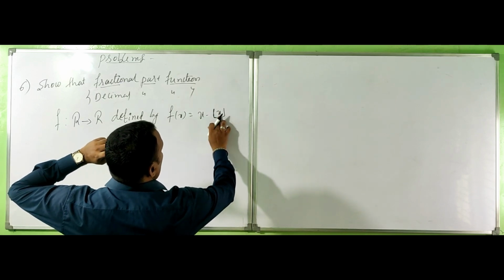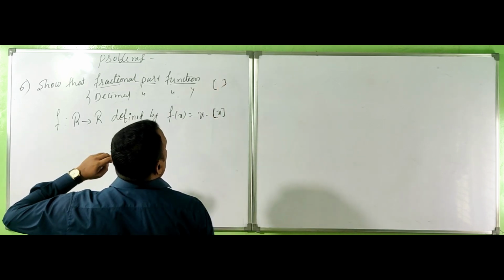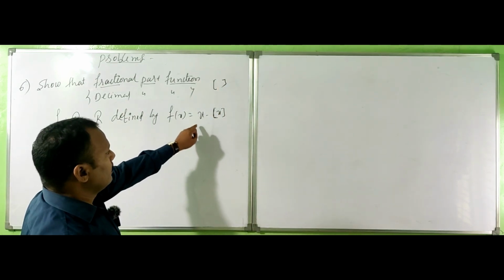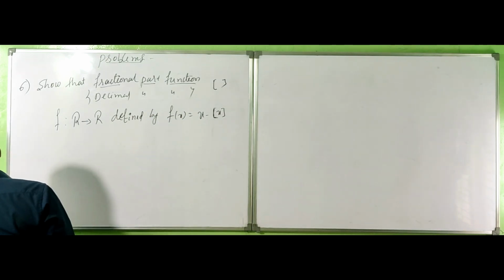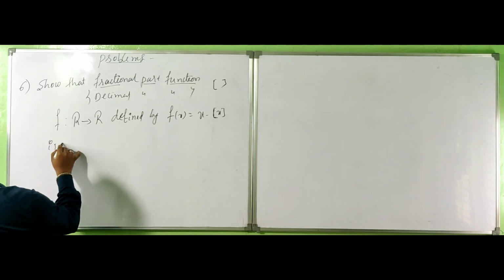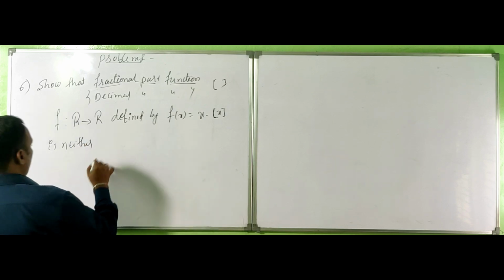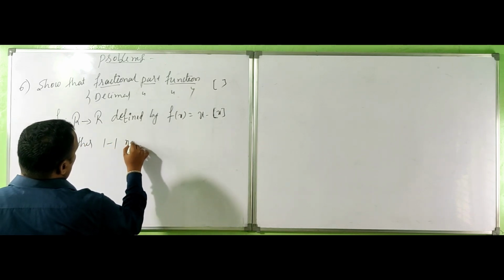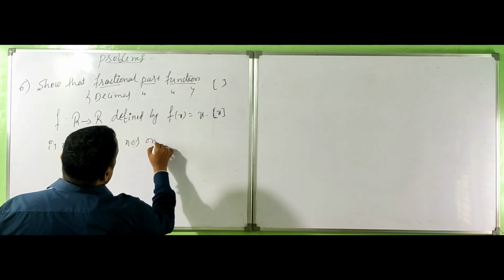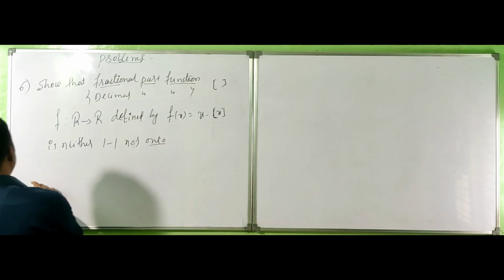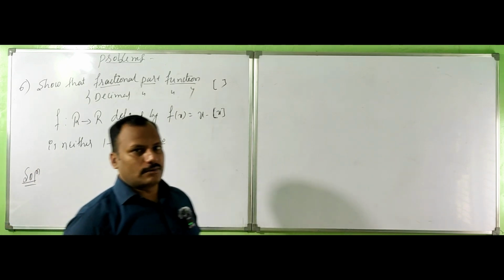You can write this also. The integer part function, this is the fraction part function. It is neither one-one nor onto. Before going to the solution, let's look at the fraction part function.